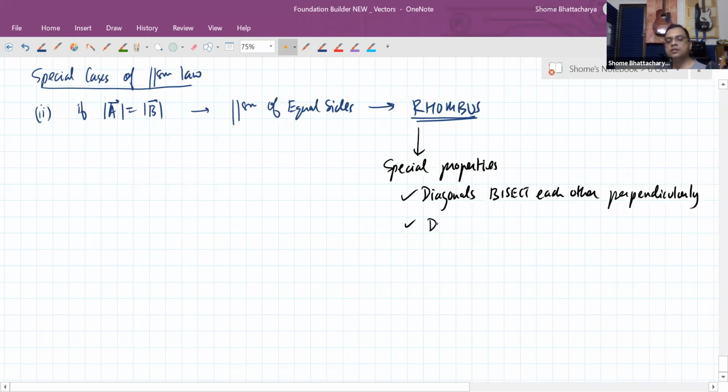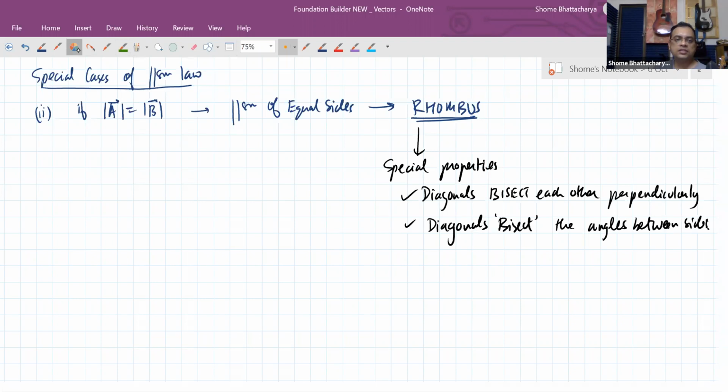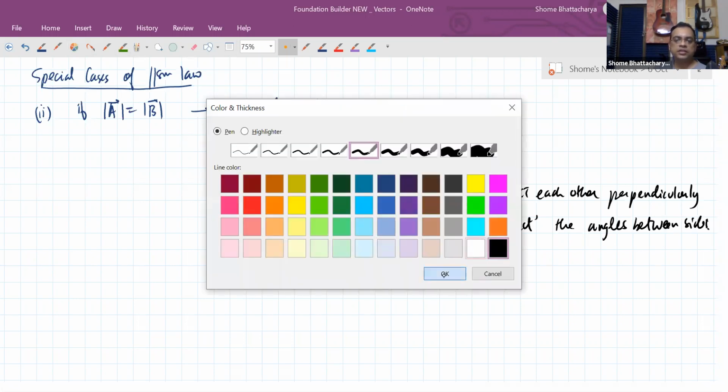And the diagonals bisect the angles between the sides. Okay, so let's visualize the vector diagram, then we'll understand.